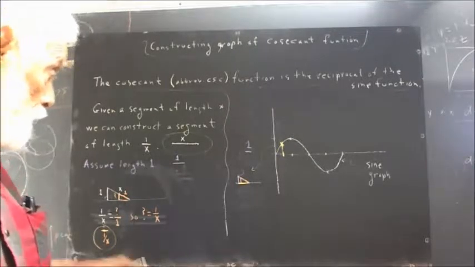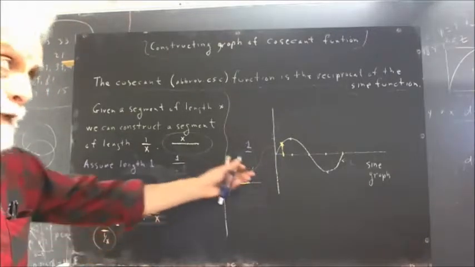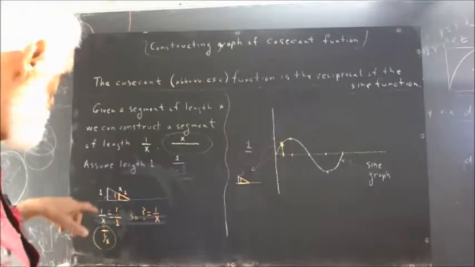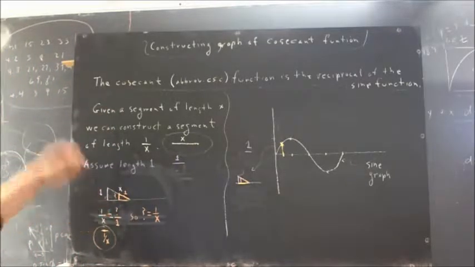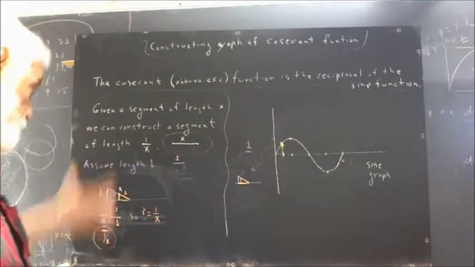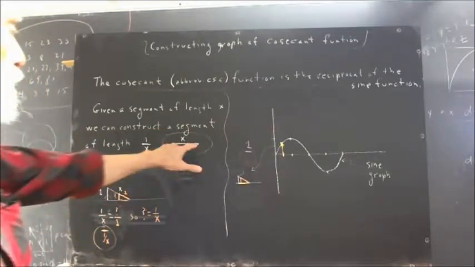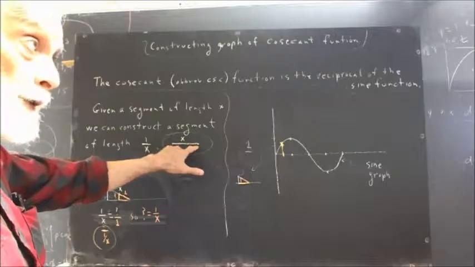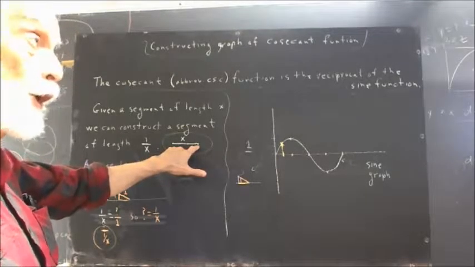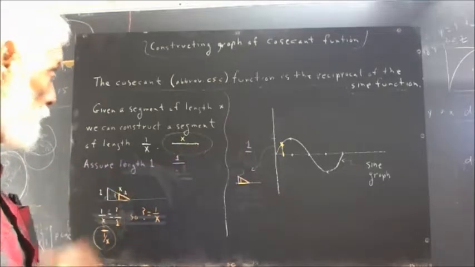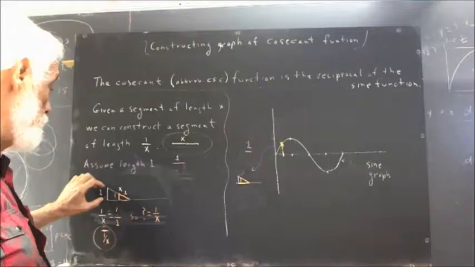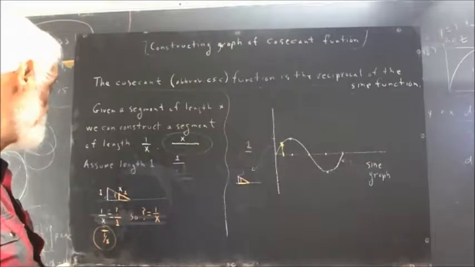Okay. We're going to use what we saw here to construct the cosecant graph. Now, one thing I did here that was not a good idea, though it worked fine for the situation we had: I put the length of our x segment, the length of our known segment, on the hypotenuse, and then I put the unit length on the vertical leg.